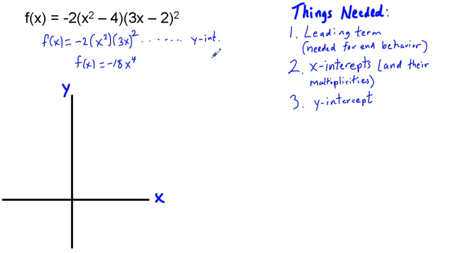So this establishes that we have a negative at -18, and this 4th power in the leading term means we have an even-natured polynomial function. And for that, what that means, to have negative even, it means we're going to start down here in the 3rd quadrant and finish down here at the lower right corner, the 4th quadrant.